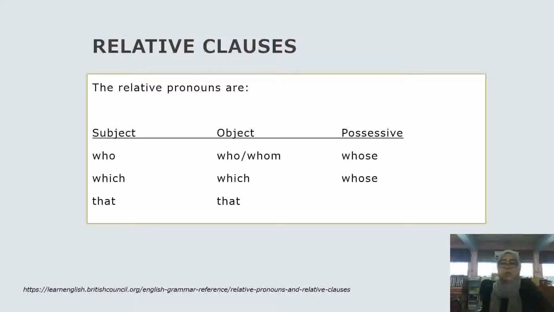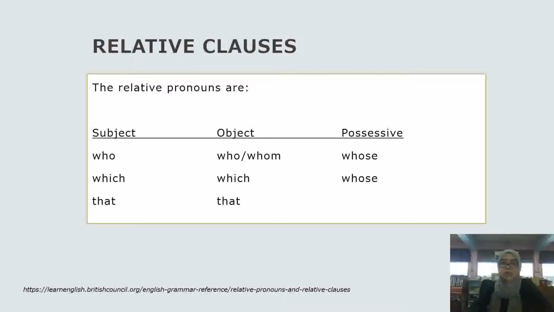When we talk about relative clauses, we are going to discuss relative pronouns first. The word relative pronouns comes from the word pronouns. Pronouns are the words we use to replace nouns.